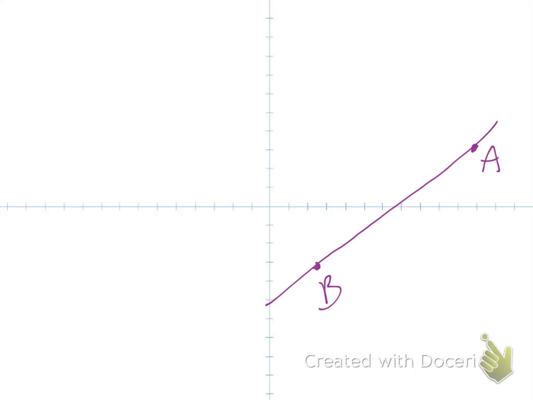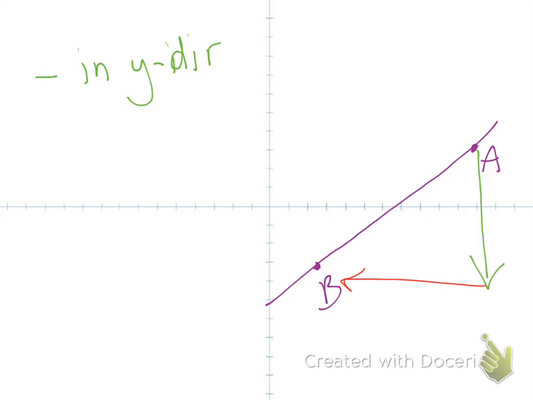Last combination. To go from A to B, in the y direction, I go down. So that's negative in the y direction. To go from A to B, I have to go left on the x. Again, left is negative in the x direction.